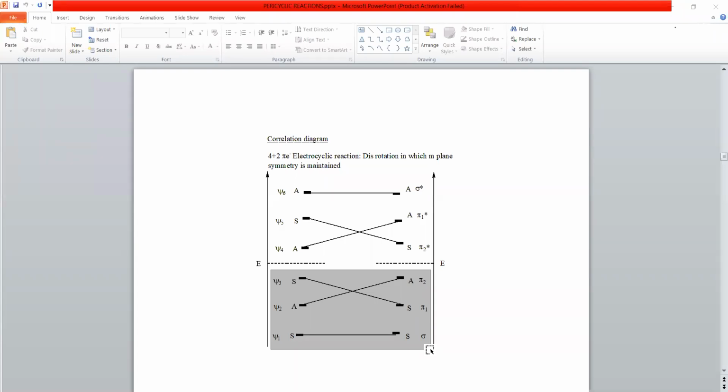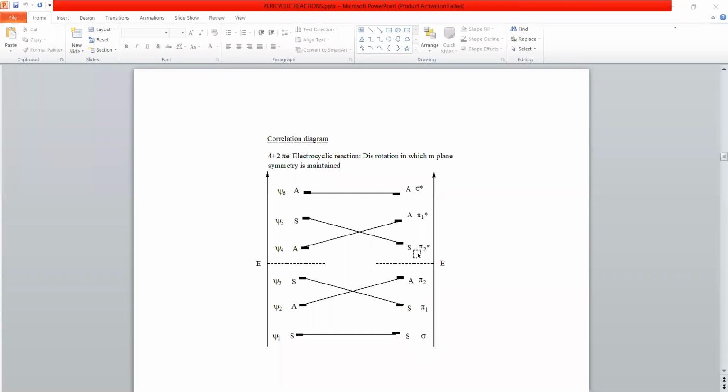Similarly, it is photochemically forbidden, because the first excited state of the cyclohexadiene is sigma square, pi1 square, pi2 and pi2 star, and it does not correlate with psi1 square, psi2 square, psi3 and psi4. So bonding orbitals are correlating, but anti-bonding orbital psi4 is not correlating with pi2 star. Psi4 is correlating with pi1 star.